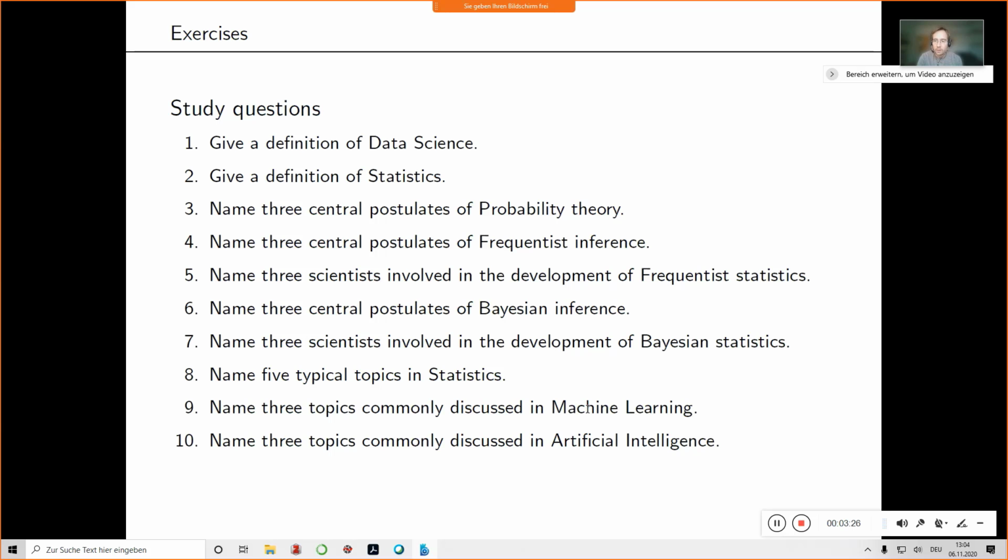And the first thing will be the study questions, and these are now the study questions for today's lecture. And as I said, the study questions are for you to revise, rehearse, and memorize the content of the lecture, and maybe to focus it, and they will be the pool for the exam.